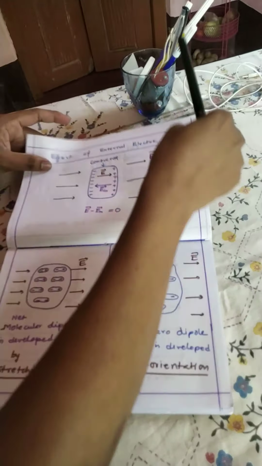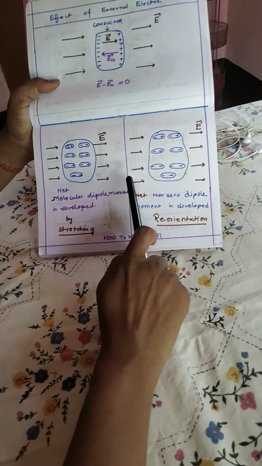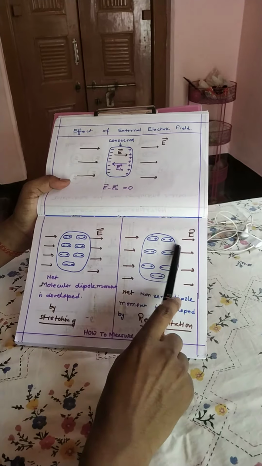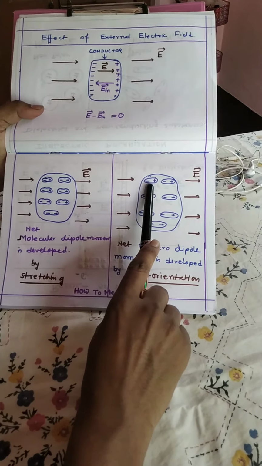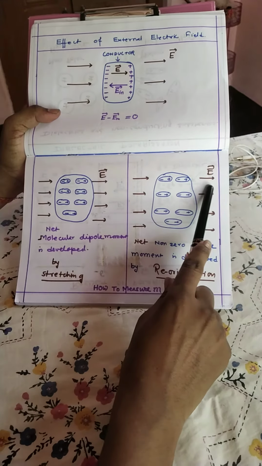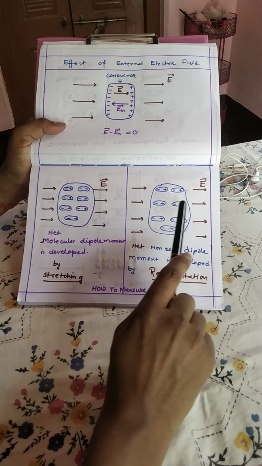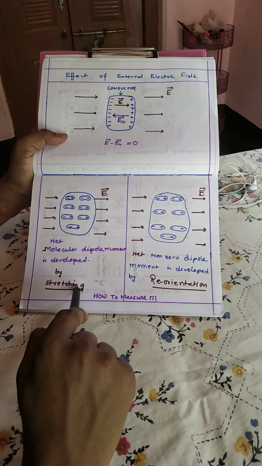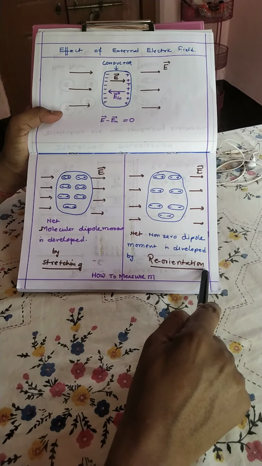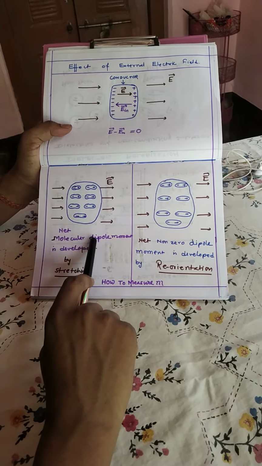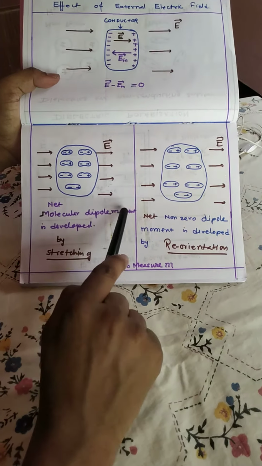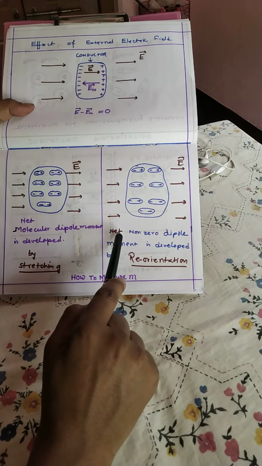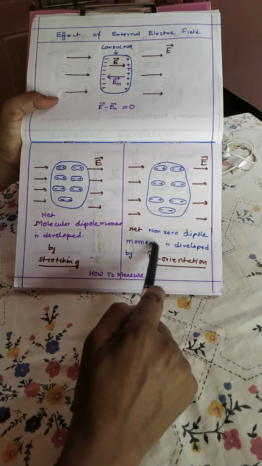But now, due to the presence of the electric field, they will be aligned like this, so that the dipole moment will be directed in the direction of the electric field. So whether stretching or reorientation, the result is the development of a net molecular dipole moment. A net non-zero dipole moment is developed.